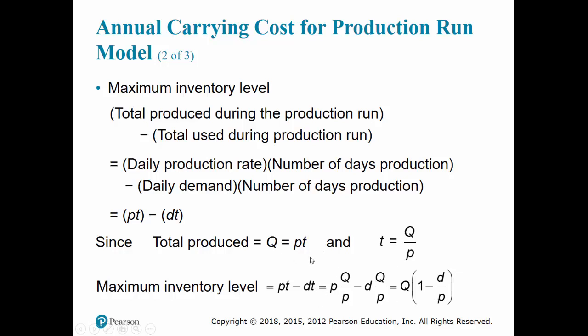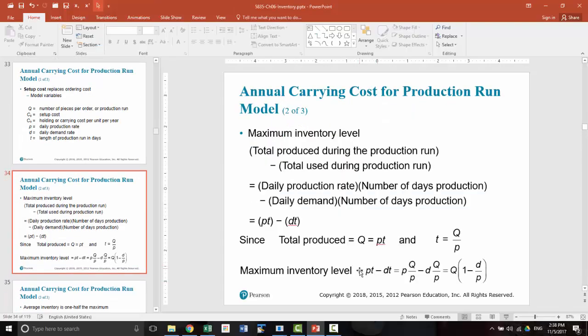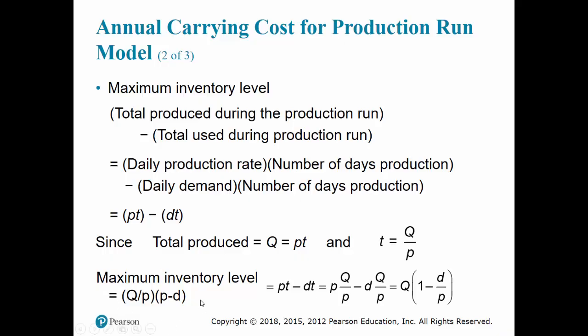All right. So then, the maximum inventory level, actually this is easier to visualize in this way, which is the same as that. So that will be the maximum inventory.